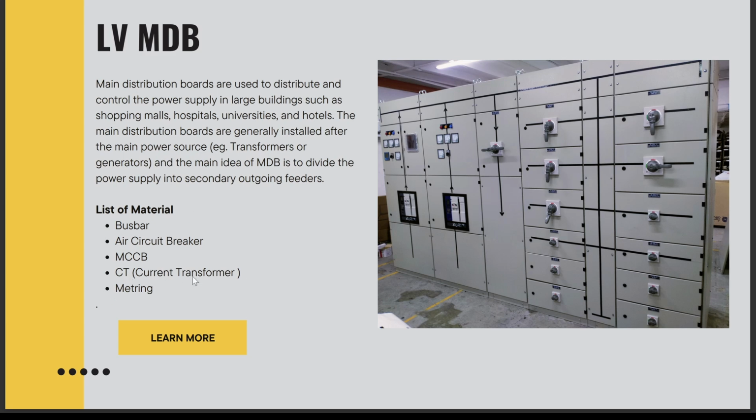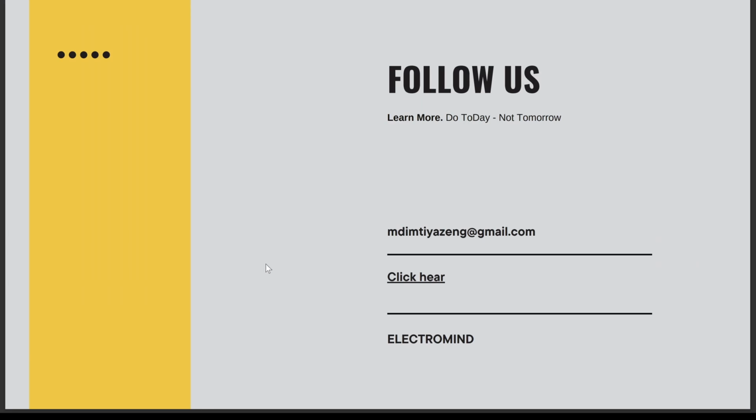CT, current transformer: for metering purposes we install the CT inside, and meters, which measure the power consumption. This is an LVMDB. We will learn more details in the LVMDB section. We will cover it in this course.